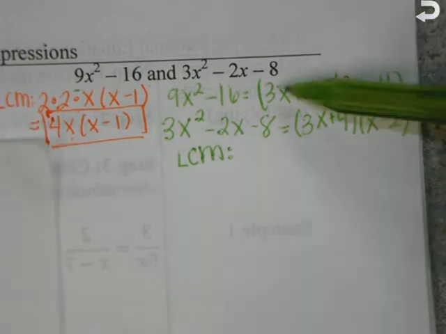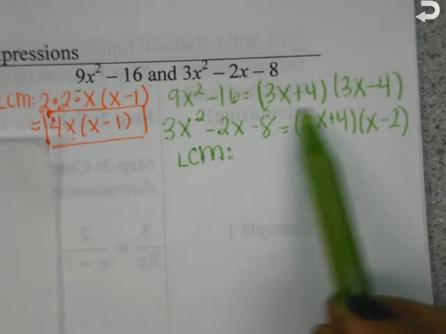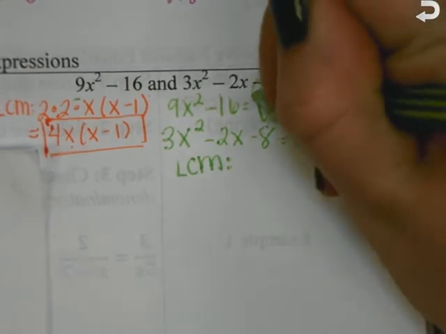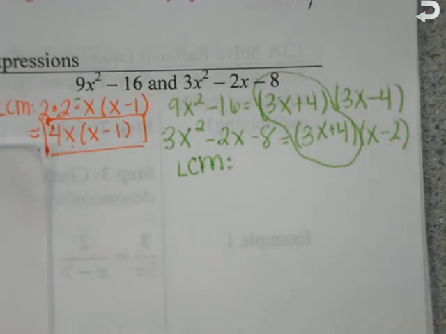Do these two terms, after we factored them out, have anything in common? Yeah, what is it? 3x plus 4. Since both of them have it in common, how many times do we have to include it? Just once. So anything that's in common, ever, you only have to include once.